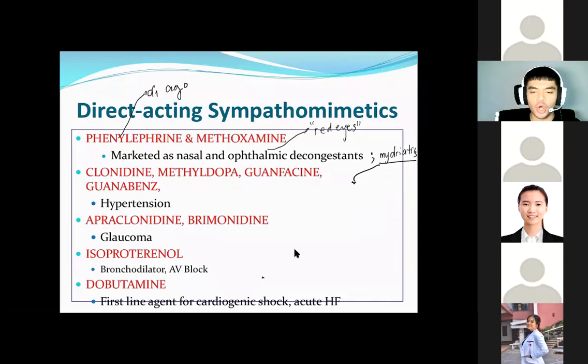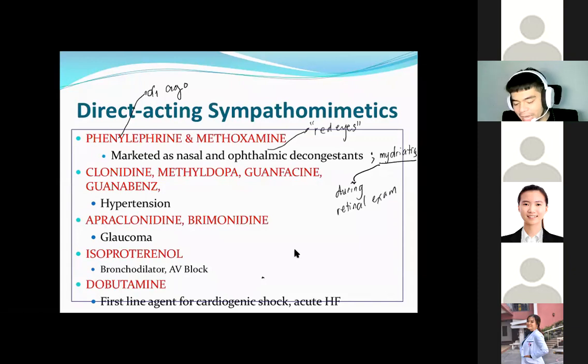And where are mydriatics from alpha-1 agonists clinically useful? They are used during retinal examination. Mydriatics like phenylephrine and methoxamine, especially phenylephrine, are used as mydriatic agents during retinal exam.